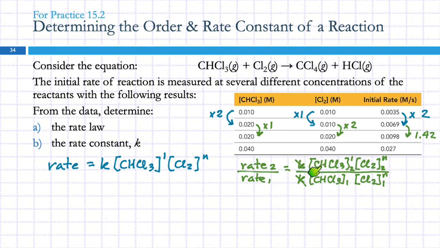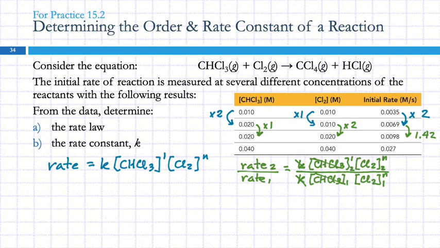The concentration of this reactant in the first and second conditions, this is 1 and this is 2, those are the same. It didn't change, so that also cancels out. So we have rate 2 over rate 1 is equal to this concentration to a power divided by the other concentration to the same power.